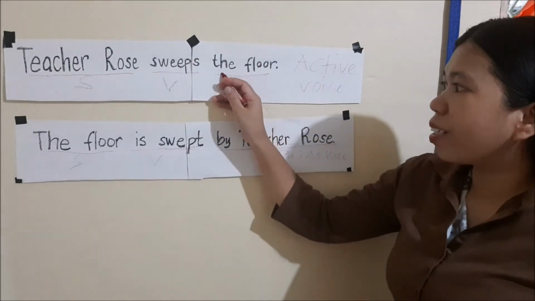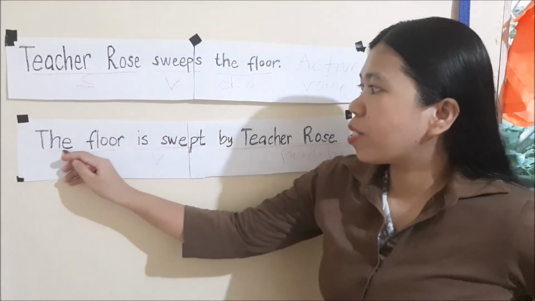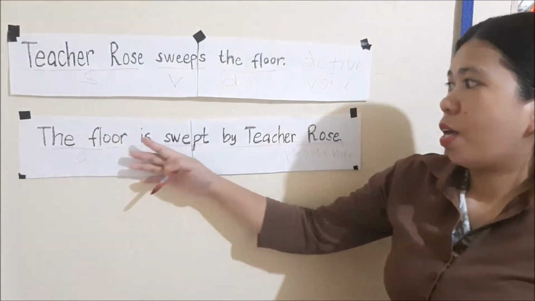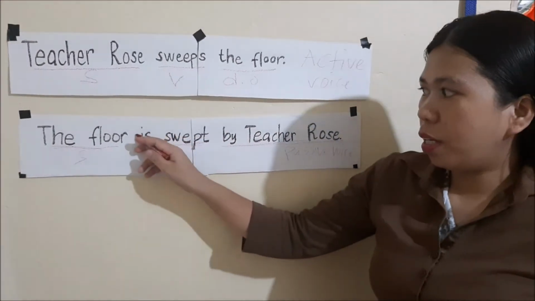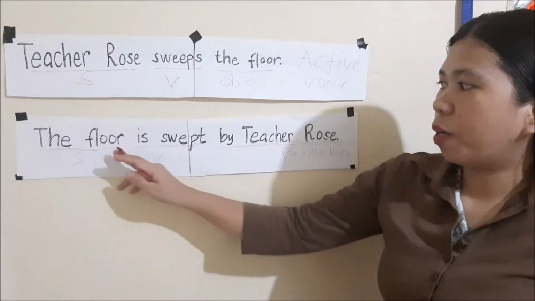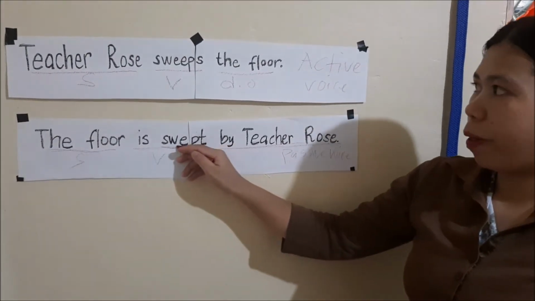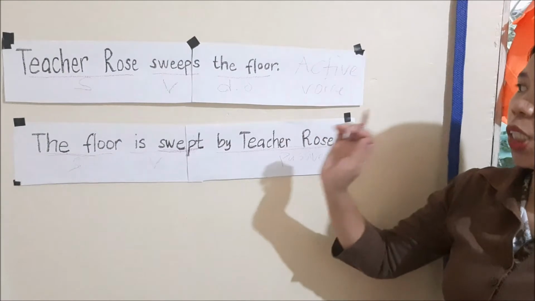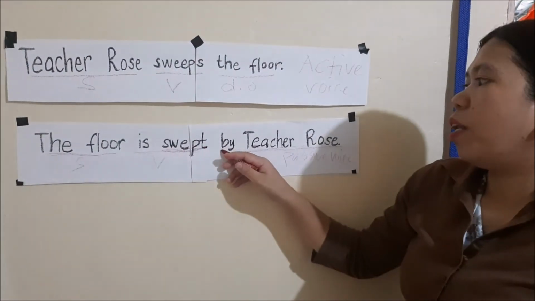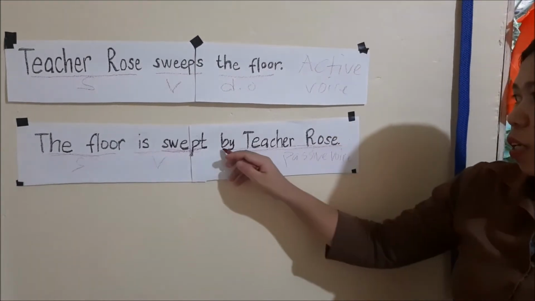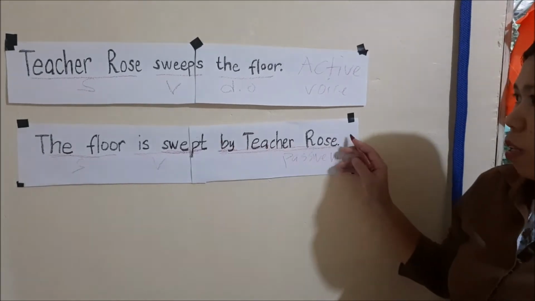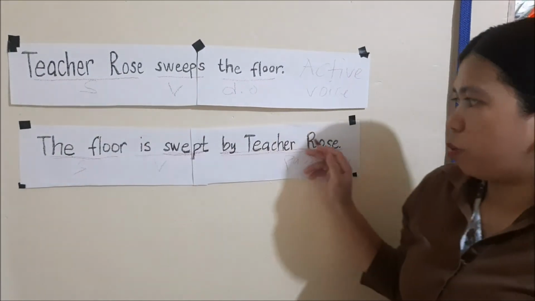See? The floor. And we take the verb be, which is is, because the floor is singular, and also the past participle. Always take the past participle form of the verb, which is swept. Then the by phrase. This is already given by the subject, Teacher Rose.